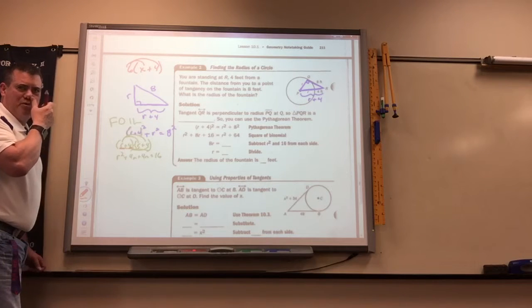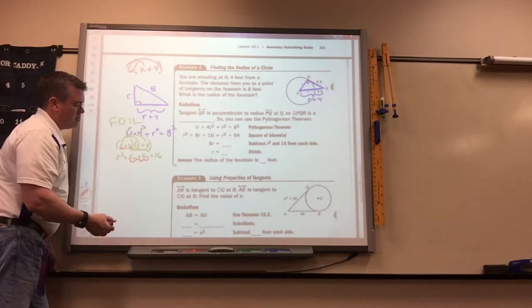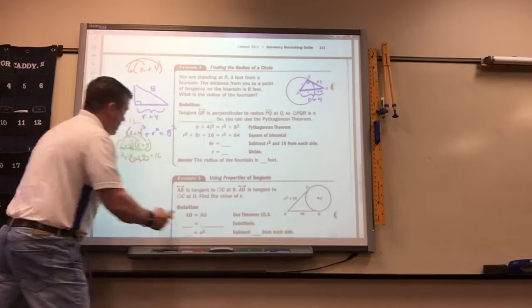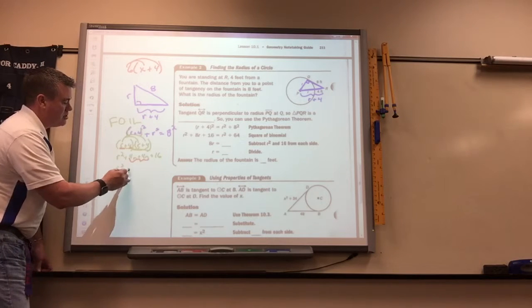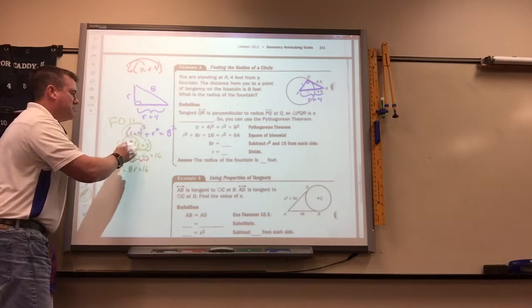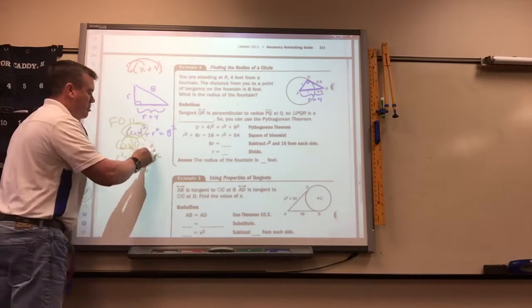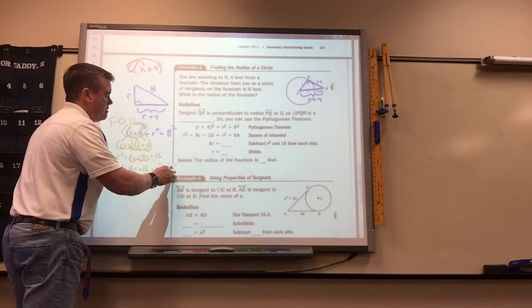So that's how they come up with FOIL. So in this now, those 2 are like terms. So it would be R squared plus 4R and 4R makes 8R plus 16. So that's just this part right here. Plus another R squared equals 64.